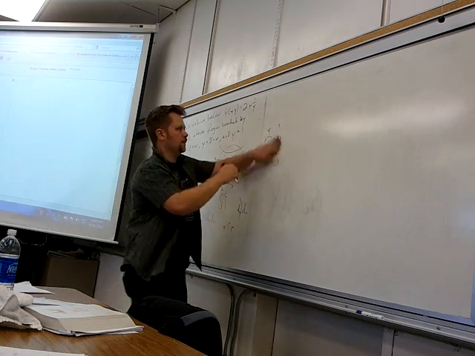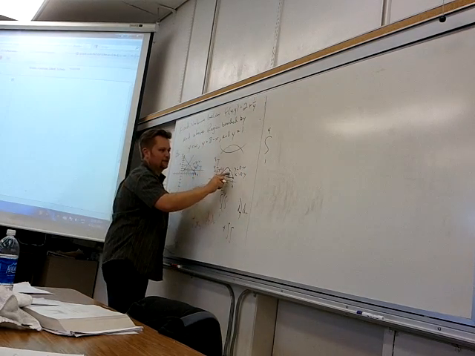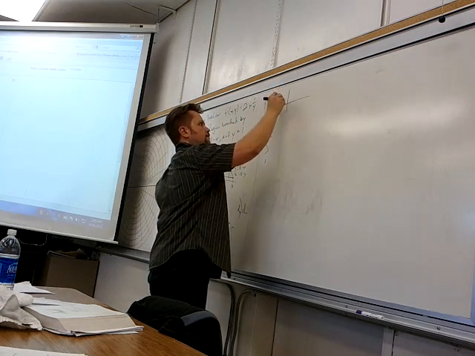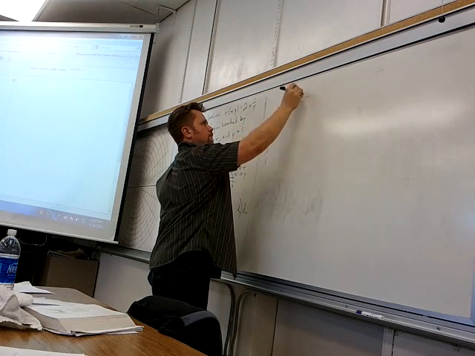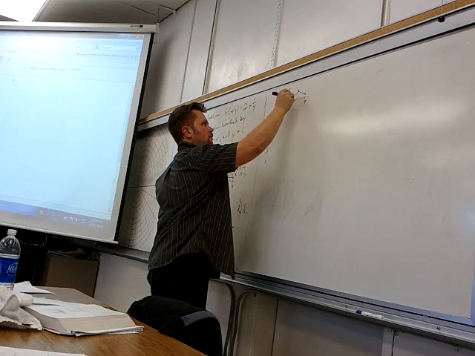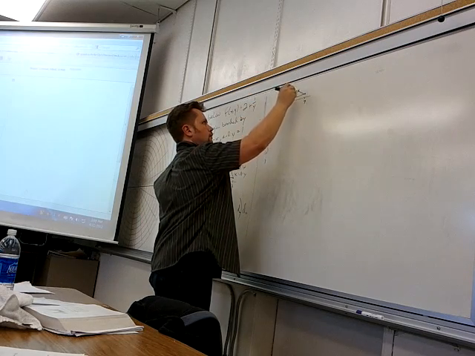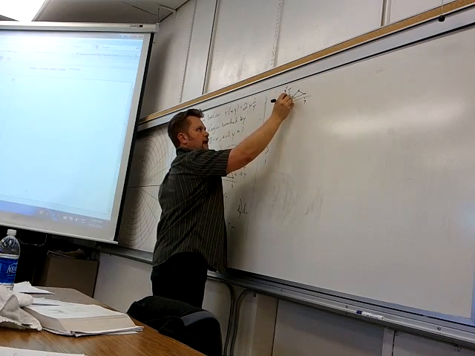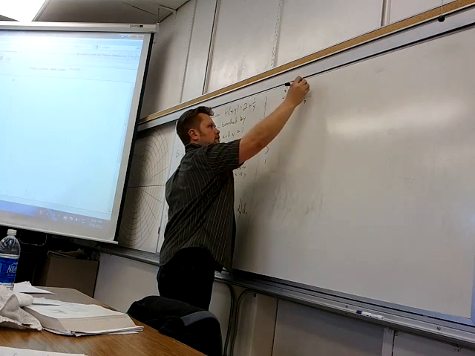Okay, so I'll draw this again. So if I'm letting y go from 1 to 4, then x is going from this to this.